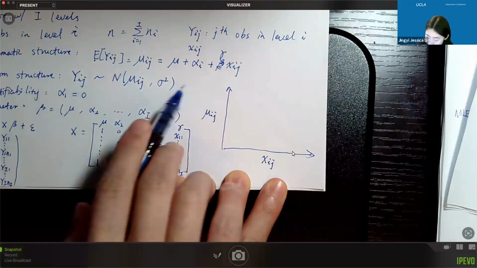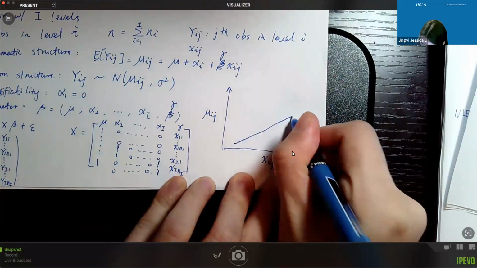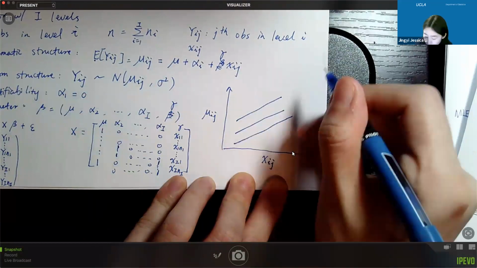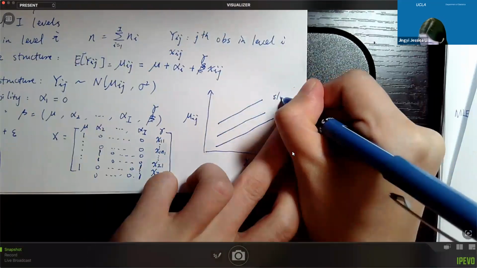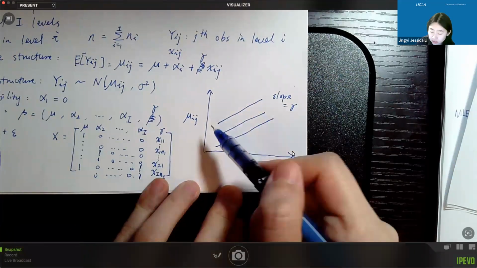So what this assumes is that we have parallel lines. So their slopes are all equal to gamma, and they only differ in their intercept.